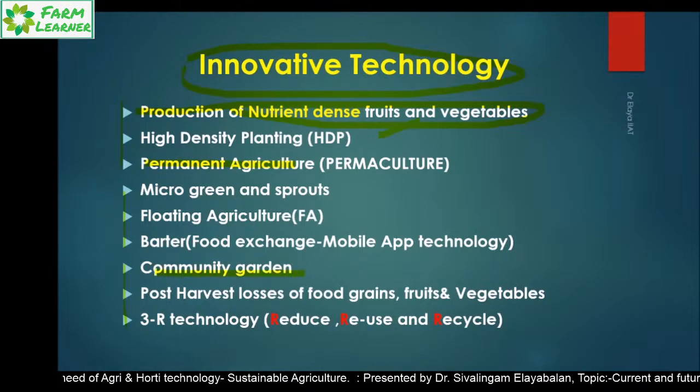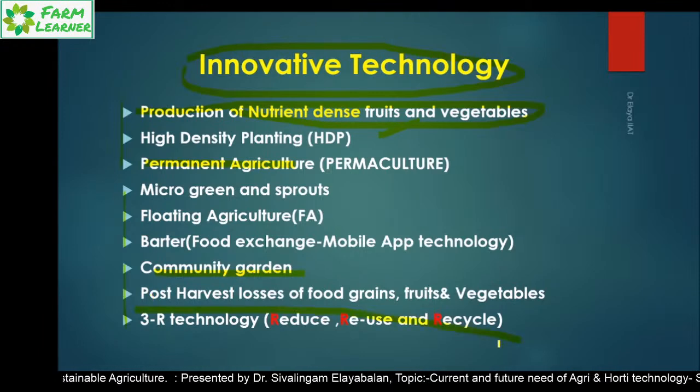Then need for community garden. Then the foremost important post-harvest loss of food grains and fruits and vegetables: how to make fruit jelly, homemade jam, homemade squash. Yes, we should know these technologies. The foremost important 3R technologies, that is reduce, reuse, and recycle.